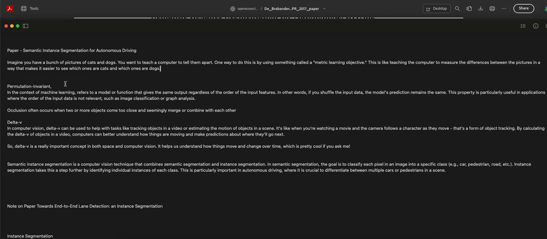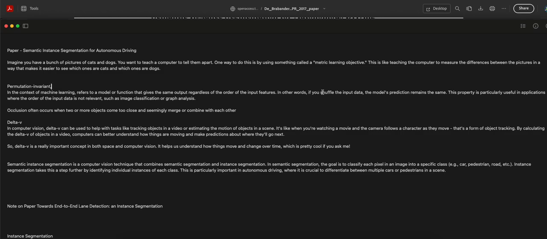The next term is permutation invariant. In the context of machine learning, it refers to a model or function that gives the same output regardless of the order of the input features. So the order of the images you provide doesn't matter, and you get the same output. Why is that relevant?